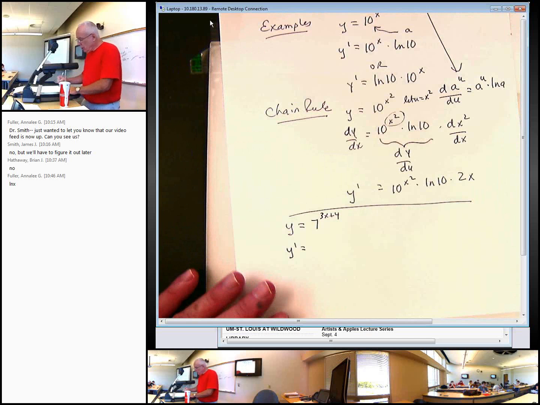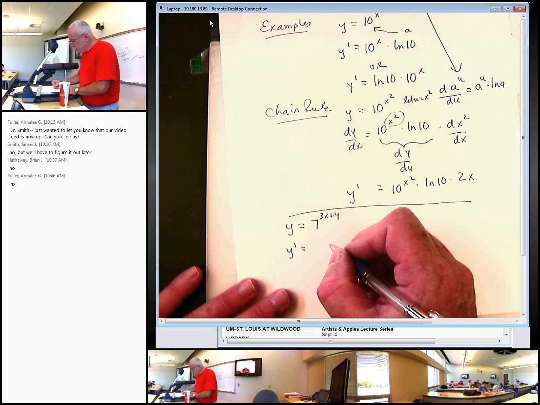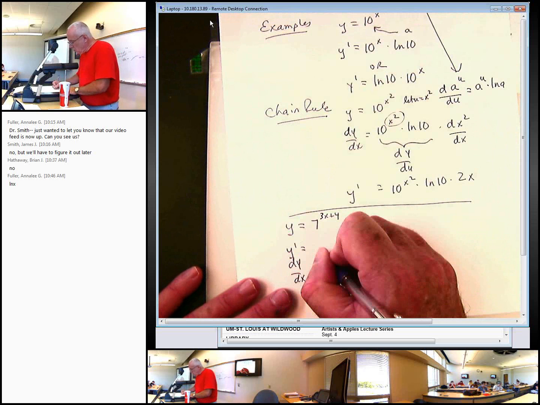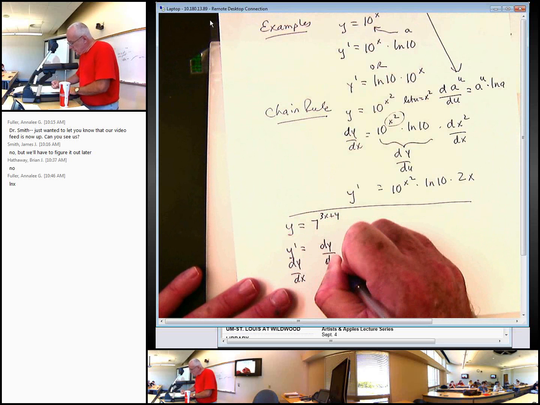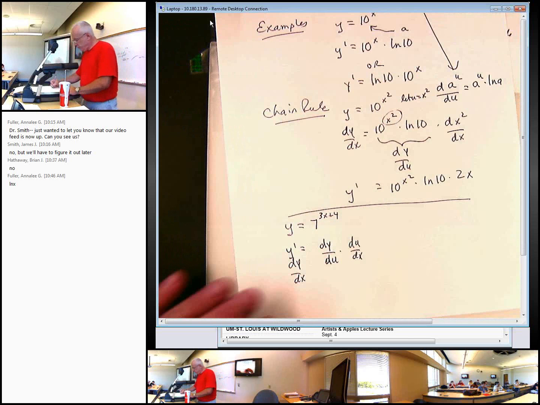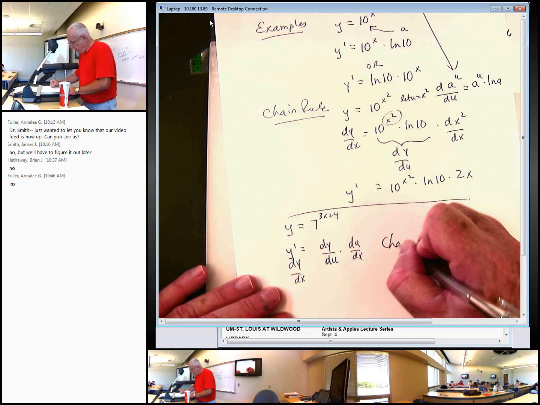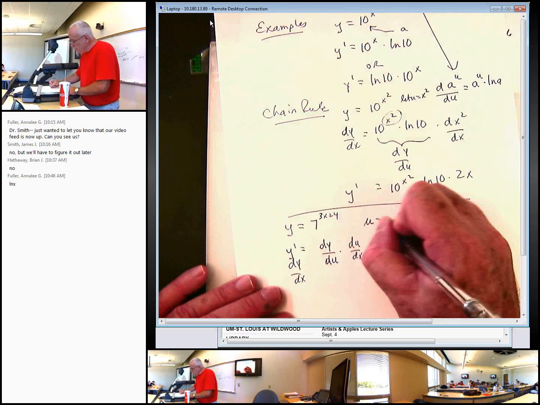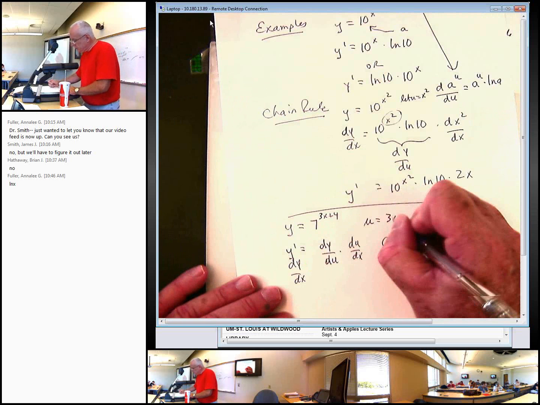So this is dy dx that we're after. With the chain rule, it's going to be dy du times du dx. In this case, u is equal to 3x plus 4.